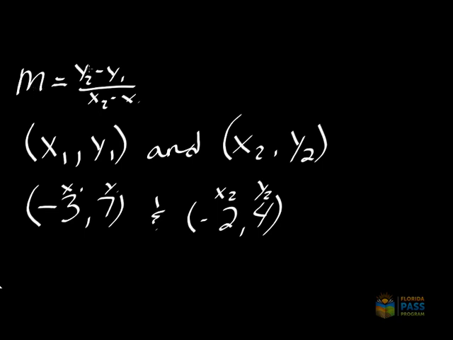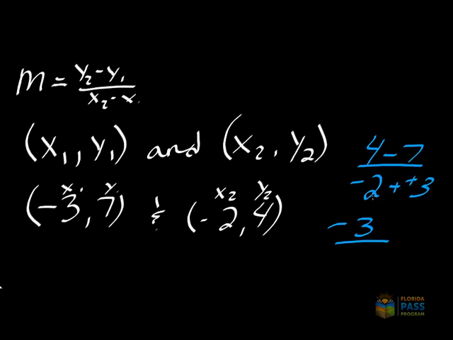Now let's substitute into the formula. Y2 minus y1 divided by x2 minus x1. So when you're plugging in, I guess I'll write it off to the side. I would have 4 minus 7, because this is y2 minus y1, divided by -2 minus -3, which is x2 minus x1. 4 minus 7 is -3, divided by, don't forget that 2 negatives always equals a positive when they're side by side.